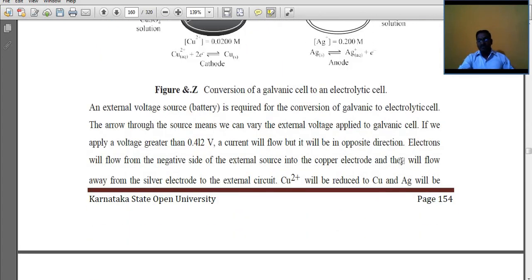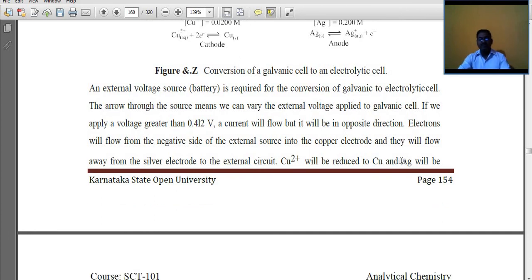An external voltage source is required for the conversion of a galvanic cell to an electrolytic cell. The arrows through the source mean we can vary the external voltage applied to the galvanic cell.